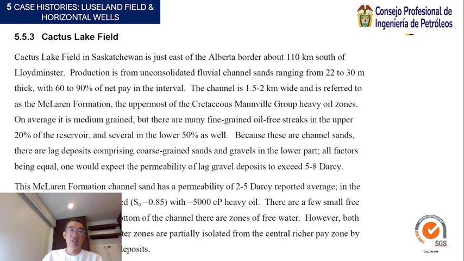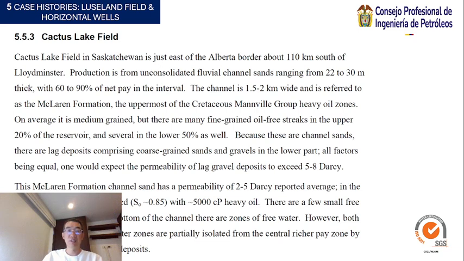On average, it is medium-grained, but there are many fine-grained oil-free streaks in the upper 20% of the reservoir, and several in the lower 50% as well. Because these are channel sands, there are lag deposits comprising coarse sand and gravels in the lower part.